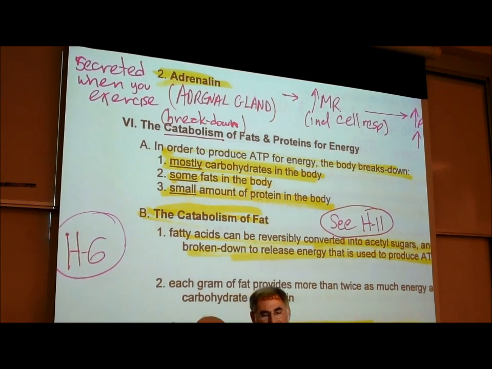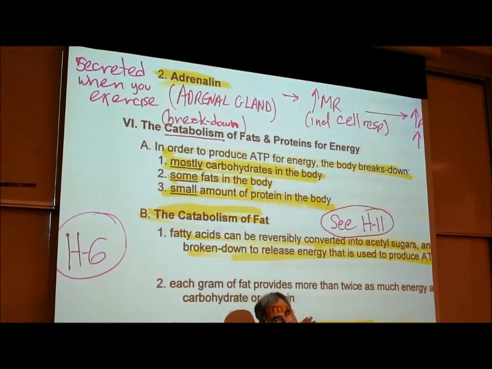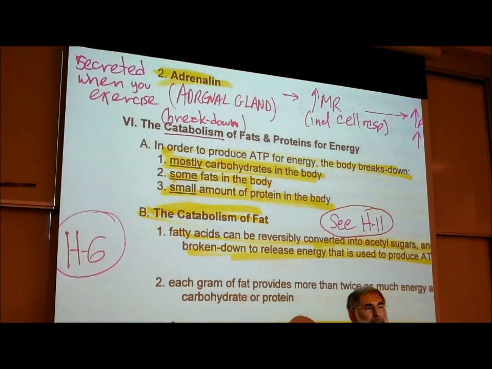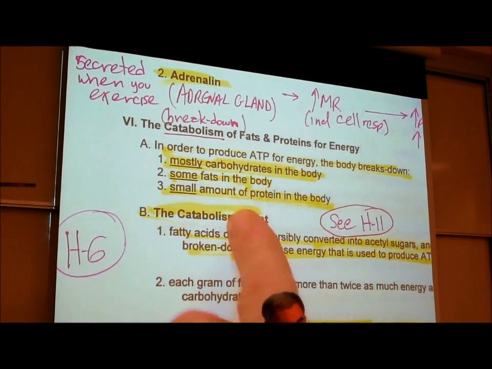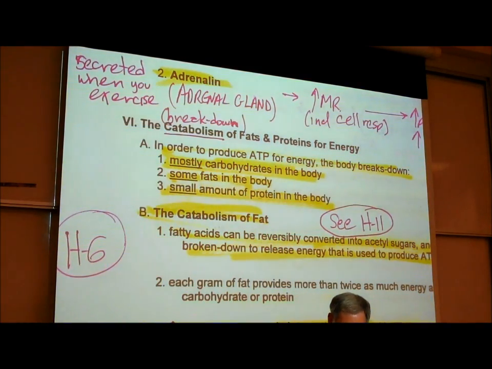So most of the time, our cells are breaking down mostly carbs, small amounts of fats, and very small amounts of protein. So our cells right now at this moment are actually using carbs, fats, and proteins that they're breaking down to make ATP. But it's in this order: mostly carbs, some fats, and small amounts of protein.